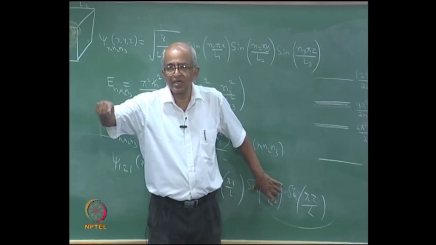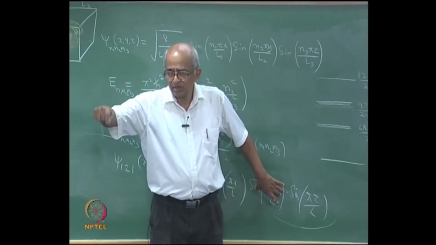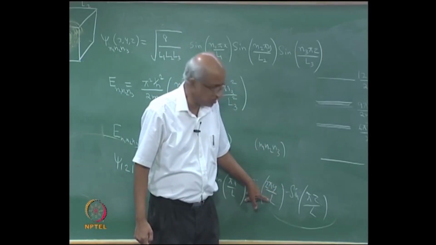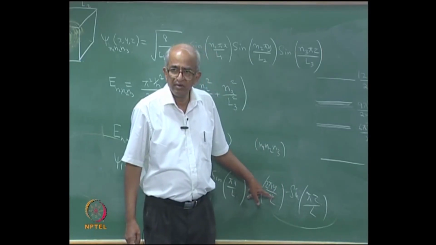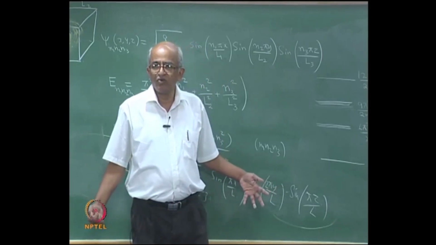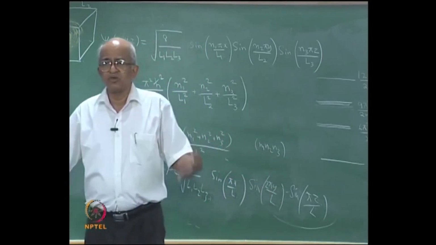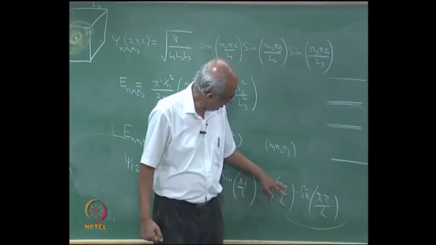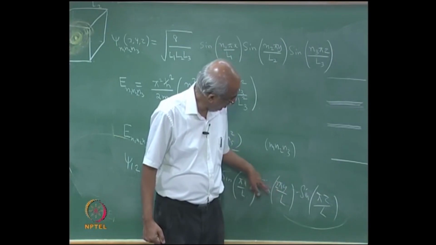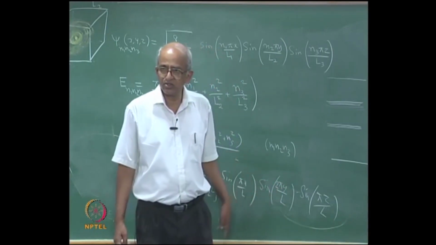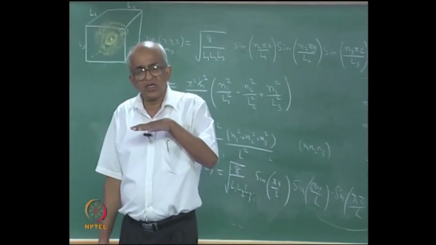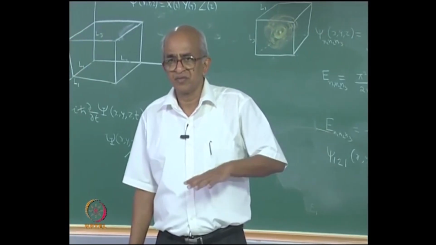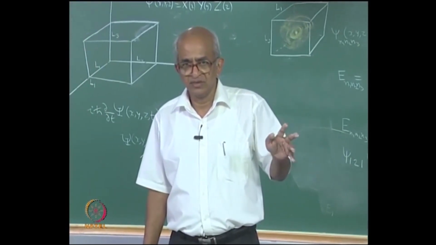The first excited state has a node, and this function will vanish when y is equal to L by 2. When y is equal to L by 2, you will have sin pi, and sin pi is actually 0. So whenever y is equal to L by 2, this function is going to be equal to 0.